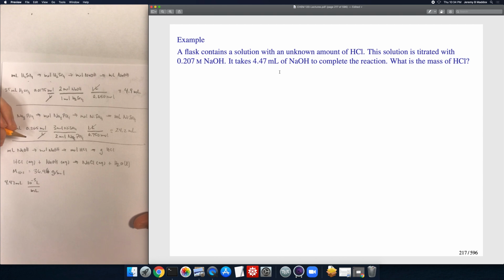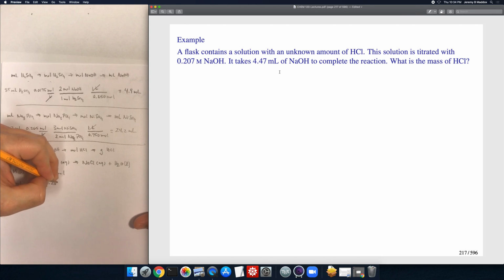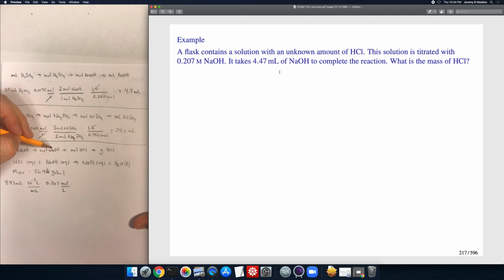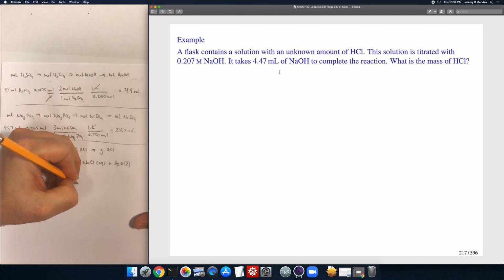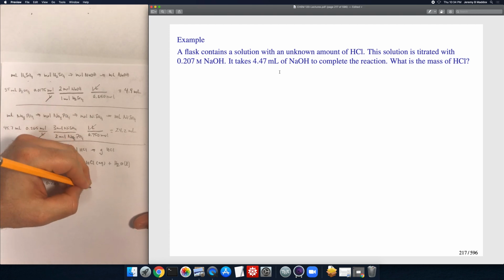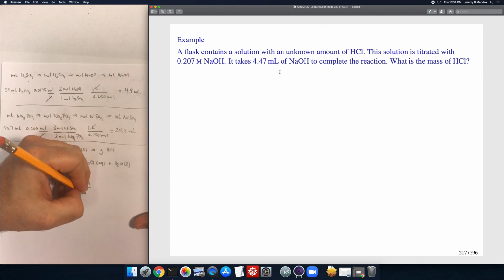Then what we'll do is we will multiply by the concentration of the sodium hydroxide. That's going to give us the moles of sodium hydroxide. Then from the chemical equation, it's a 1-to-1 ratio between the HCl and the NaOH. So 1 mole of HCl on top, 1 mole of sodium hydroxide on the bottom.